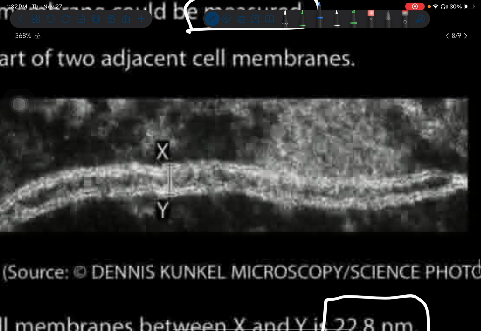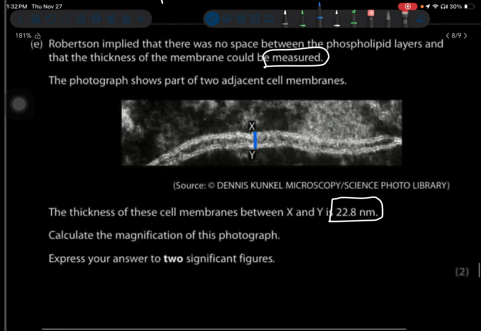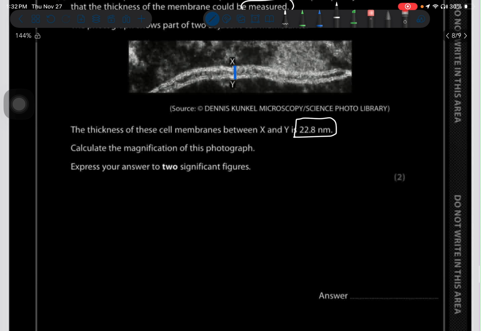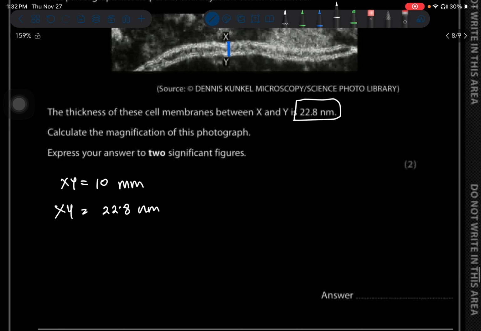So what you'll do is measure this length using a ruler and write it down somewhere. Let's just assume that it is 10. Oh, sorry, my bad. You'll measure in millimeters. You write it down as 10 millimeters, and the one they've given is 22.8 nanometers.